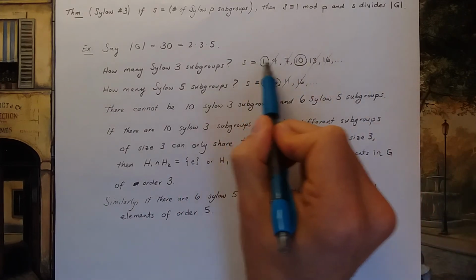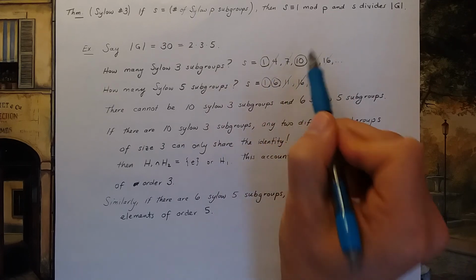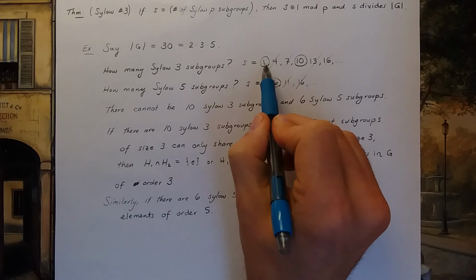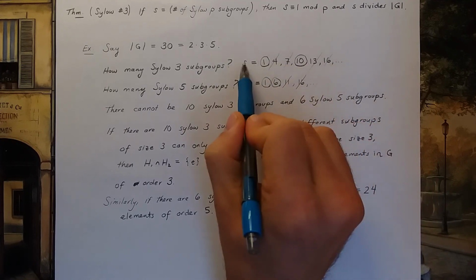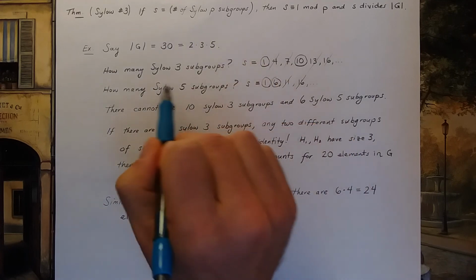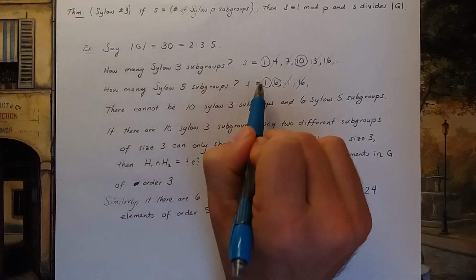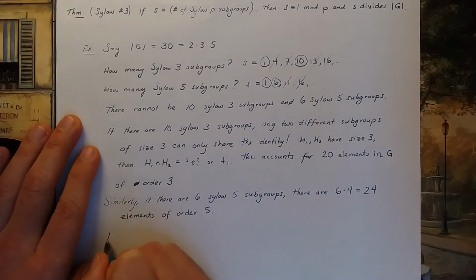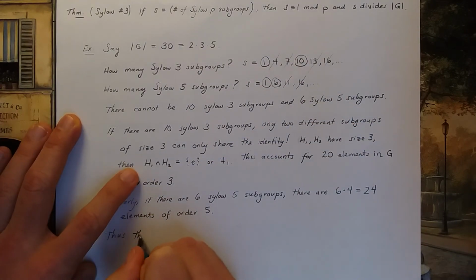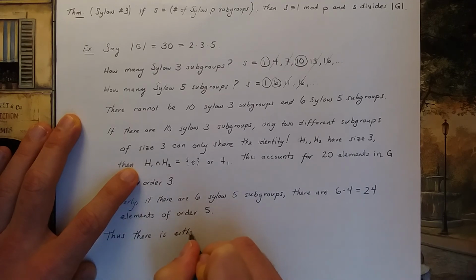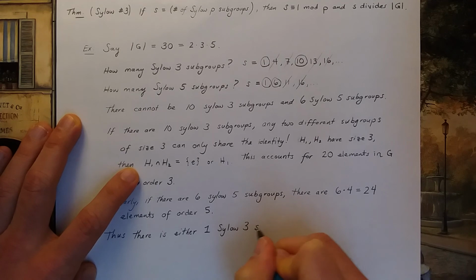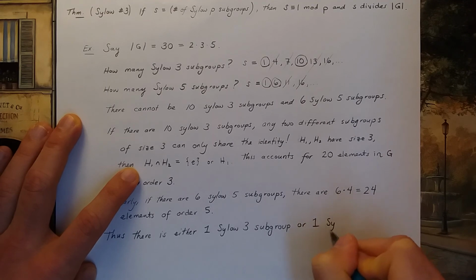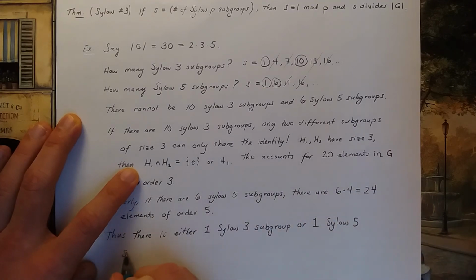So what that means is on our list here, we cannot have 10 and 6. Meaning, one of these numbers, the number of Sylow 3 subgroups or the number of Sylow 5 subgroups, has to be 1. So thus, there is either one Sylow 3 subgroup or one Sylow 5 subgroup.